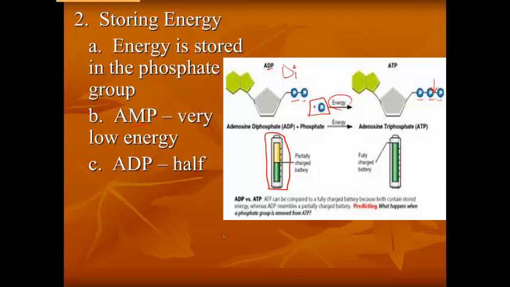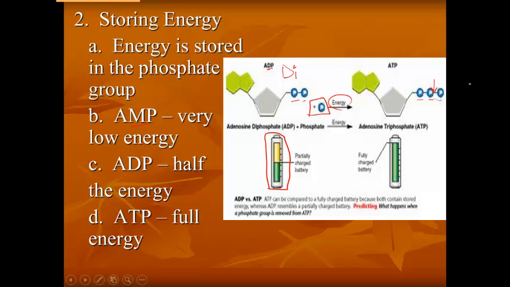So it's going to give you some energy, but it's going to wear out relatively quickly. And then ATP is going to be by far the best. The triphosphates, that's as high as it goes, so we won't have 4. 3 is as many as we'll have. And that one is full energy, you can see from the picture. It's a full battery, fully charged. This one is going to be able to give you the most energy for the longest period of time.